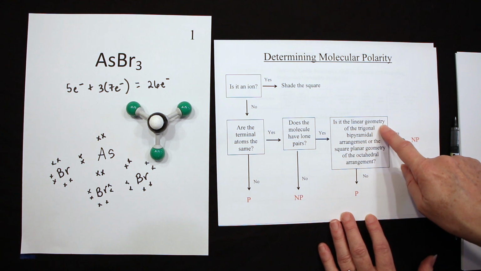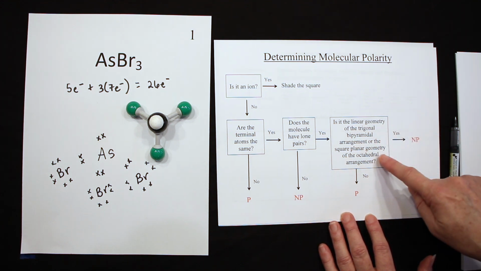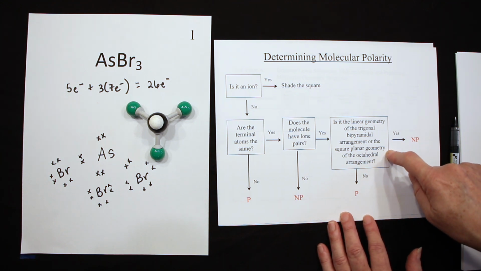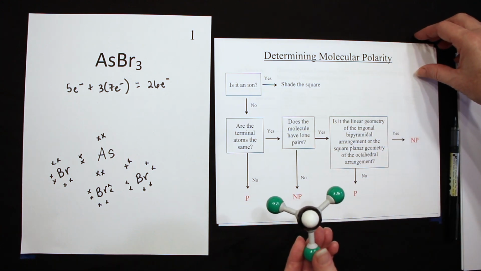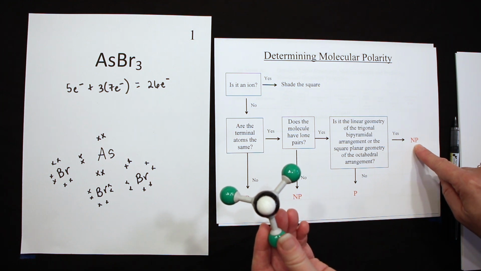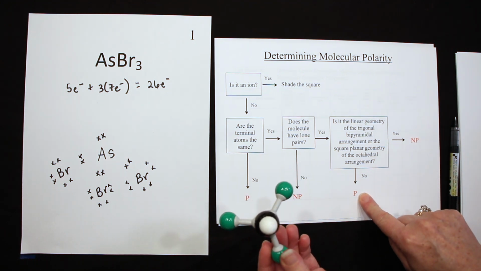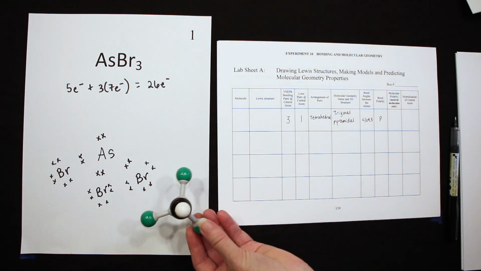And is it the linear geometry of the trigonal bipyramidal or the square planar geometry of the octahedral? No, because we know it is the trigonal pyramidal geometry of the tetrahedral. So that will be a polar molecule.